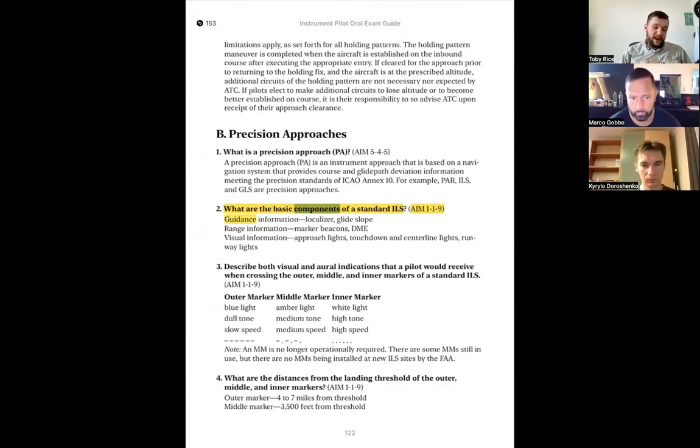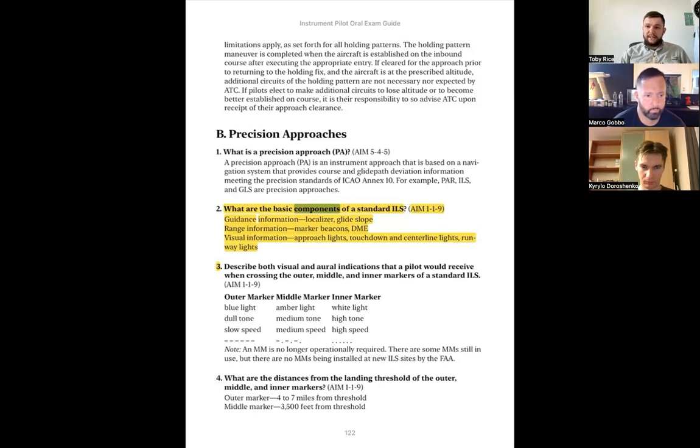So you must have guidance information, which is a localizer and a glide slope. Easy enough. You must also have range information, which could be marker beacons or DME or something to that nature. And you must also have visual information, such as approach lights, touchdown lights, runway lights, those types of things. So the basic components of a standard ILS include these things.